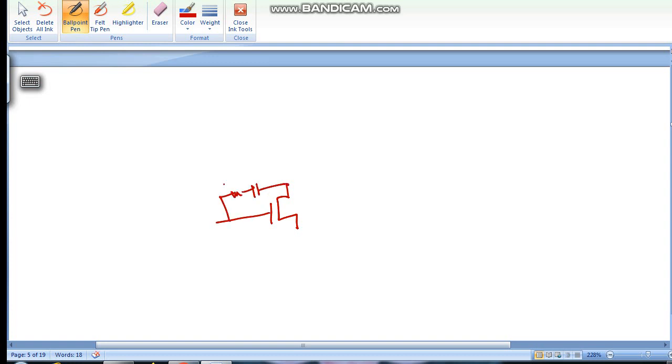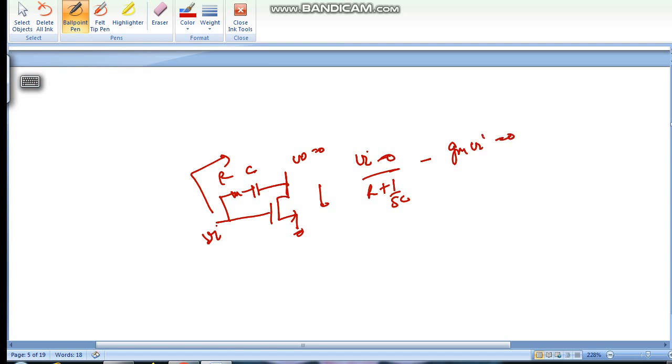This is cap, this is R, this is C, and so here (VI minus 0) over (R plus 1 by SC), and minus this current is here, this current is here, this is VI, this is VO, which equals 0, GM VI equals 0.